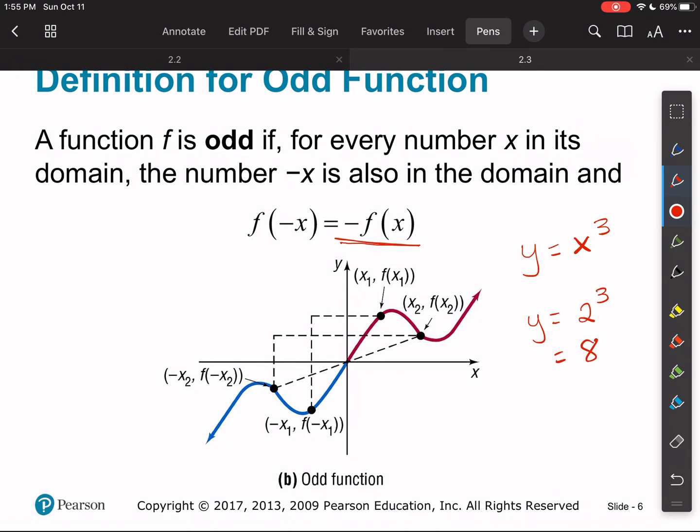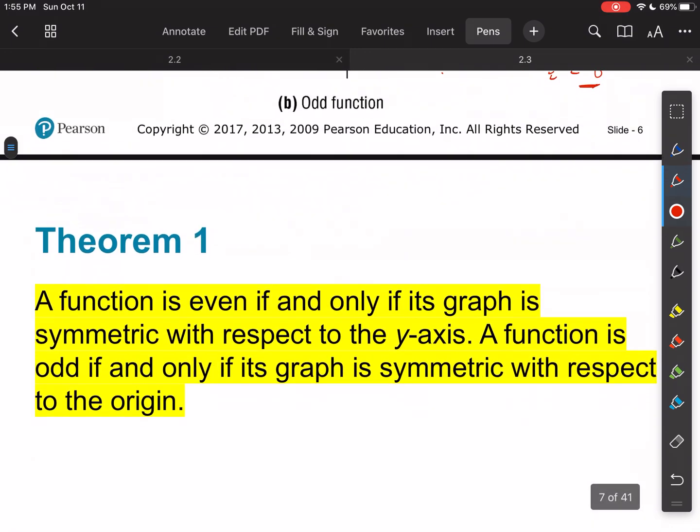If I plug a negative x in, the negative 2 to the third means negative 2 times negative 2 times negative 2. That would actually give me a negative 8. So notice I plug the negative x value in, I get the negative y value out. This will always have symmetry across the origin. So that's the odd function.